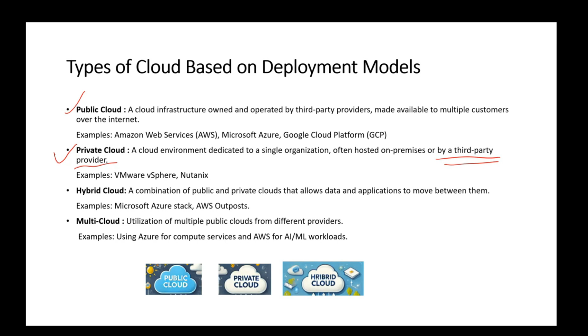Then we have hybrid cloud. Hybrid cloud is a combination of public and private cloud that allows data and applications to move between them. Let's say the customer wants to host some applications in the cloud and some on-premises. For example, consider a banking customer. He wants to host his core banking applications on-premises because of data regulations and other compliance and risk-related requirements.